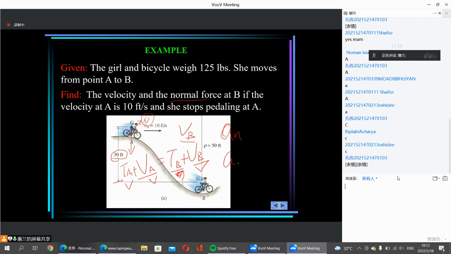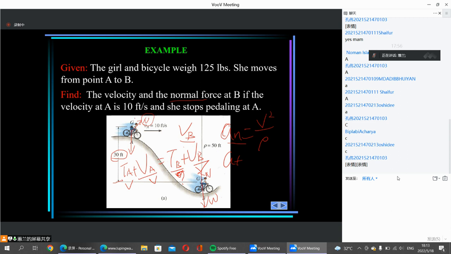We have the normal acceleration and tangential acceleration. And the normal acceleration is a function of the velocity. When the velocity is given, the normal acceleration is given. So with the normal acceleration given, we can draw the FBD. We know it will be the weight and the normal force. So we can apply the equation of motion in the normal direction.